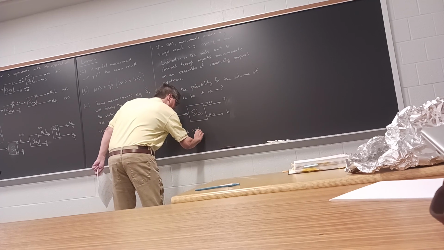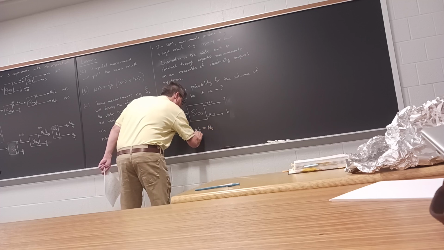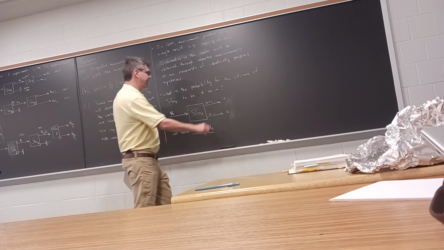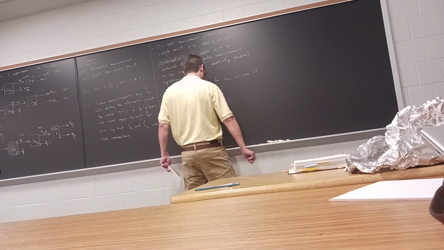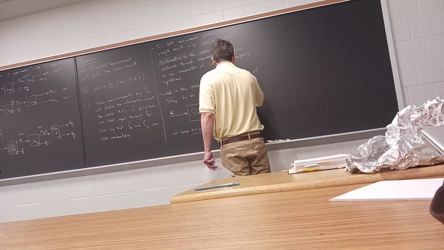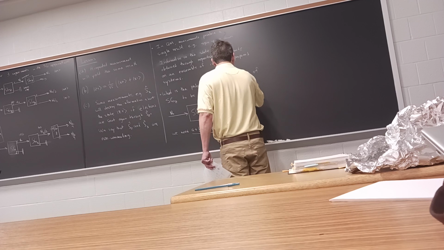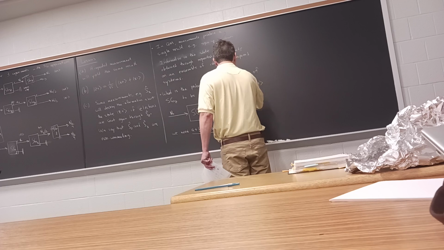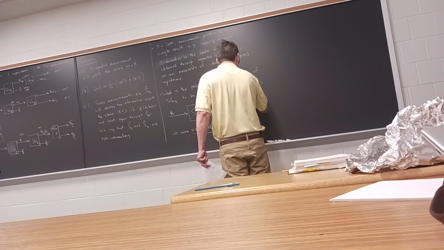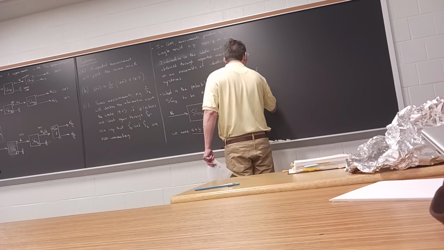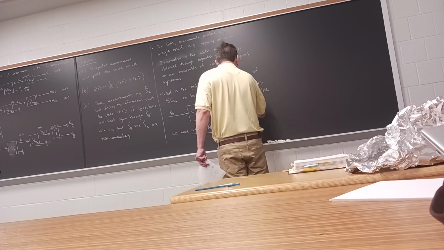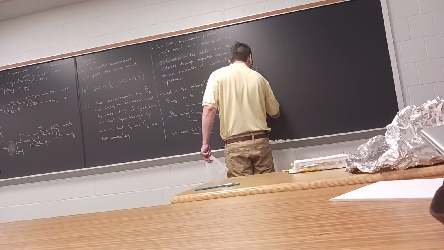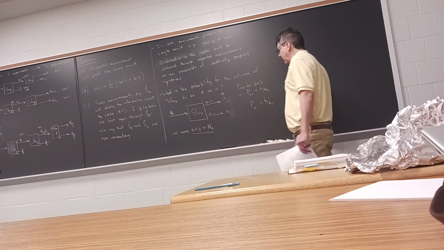We need A plus B to be equal to N0. That's just a constraint. If we have N0 going in, this is the number coming out. And so the probability PZ plus would be A over N0, and PZ minus would be B over N0.